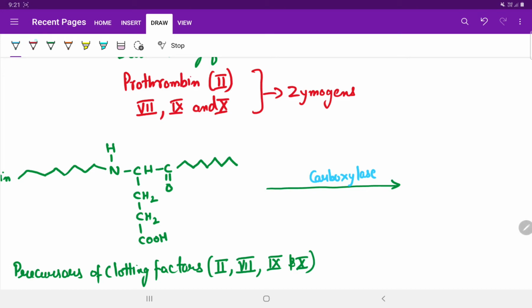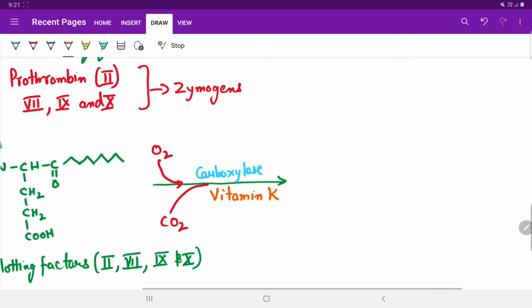The reaction will be occurring in presence of, first of all, oxygen and carbon dioxide, and this reaction takes place in presence of vitamin K. So this leads to formation of the real clotting factors 2, 7, 9 and 10.